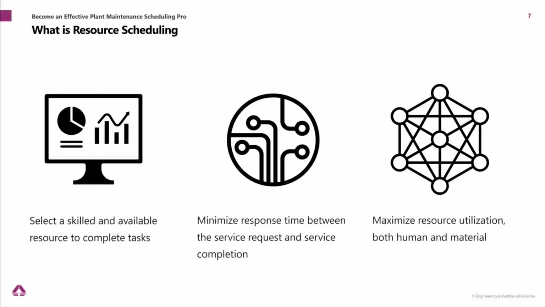So in a large organization where there's a lot of variables, a lot of people, we need something powerful to tap into that information. A resource scheduling solution also aims to minimize response time between the service request and the service completion. So there's an expectation from the customer or from your stakeholders on the level of service when an event is meant to take place or something is meant to be delivered by or installed by a certain date.